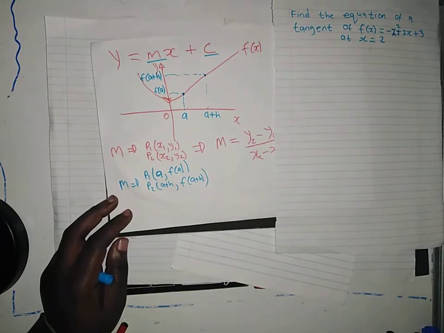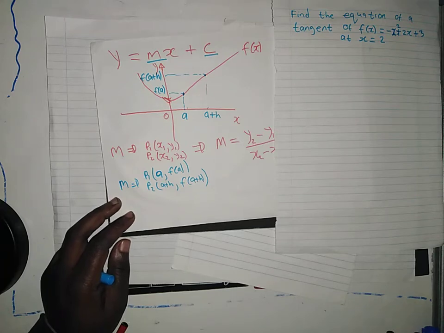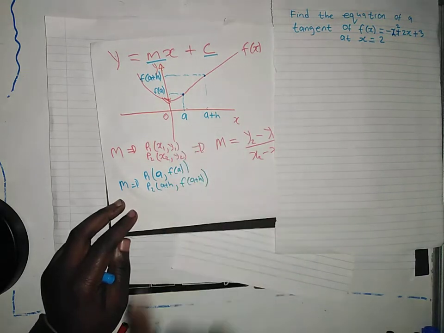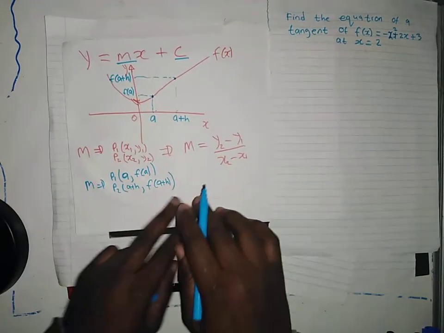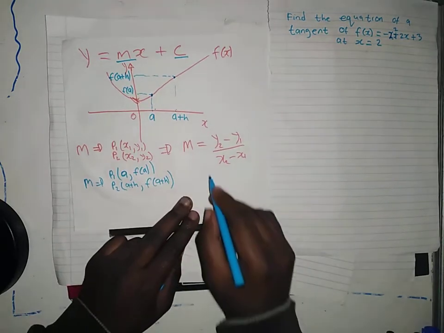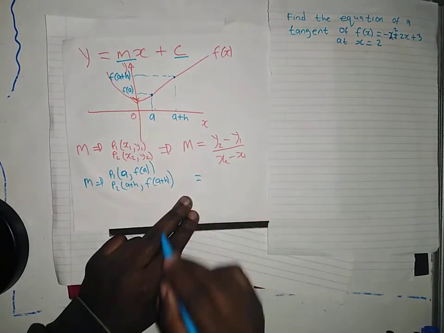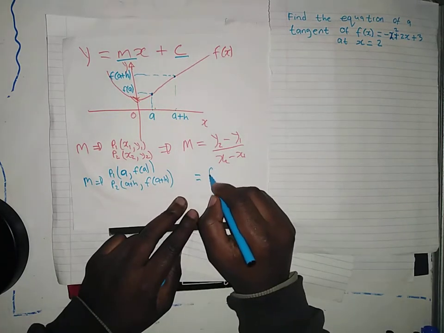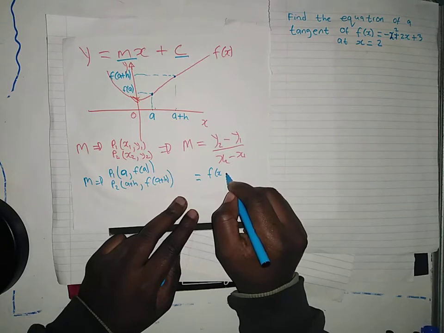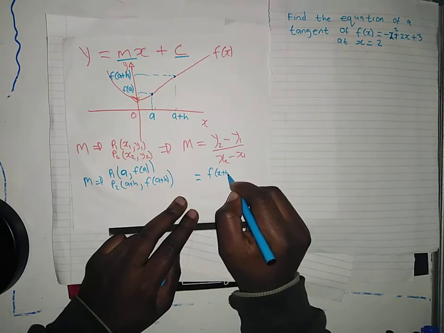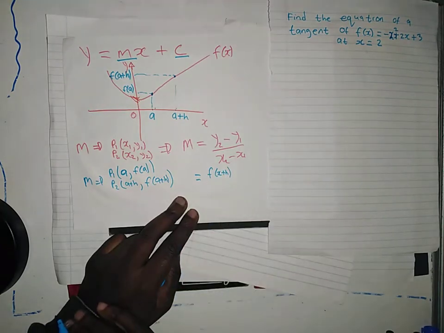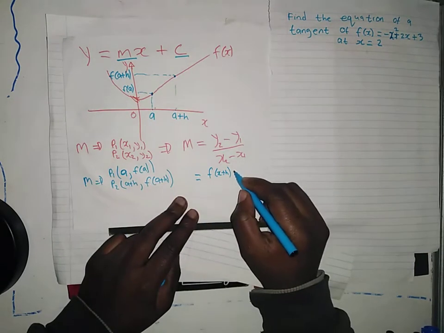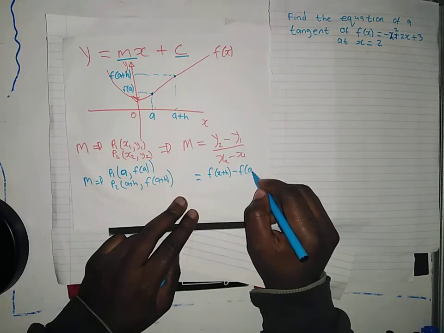Don't lose sight. What are we trying to do? We are trying to find m, the gradient of a curve, of this curve f at x. Since we already have the formula, our y2 is going to be f at a plus h, and our y1 is f at a, so minus f at a.